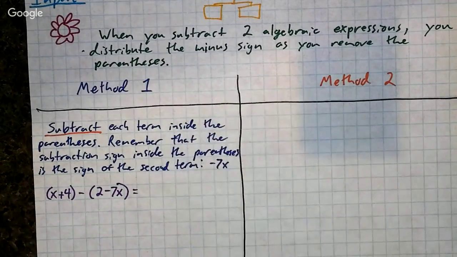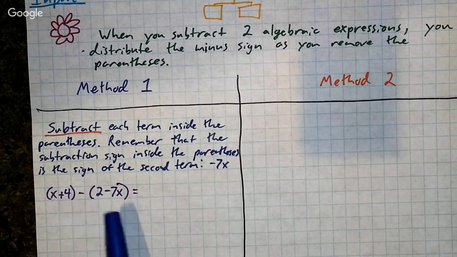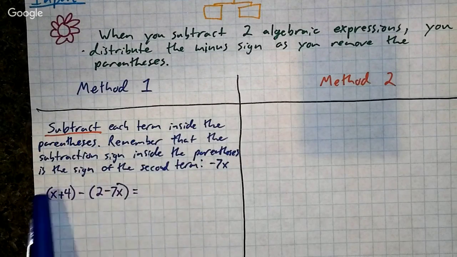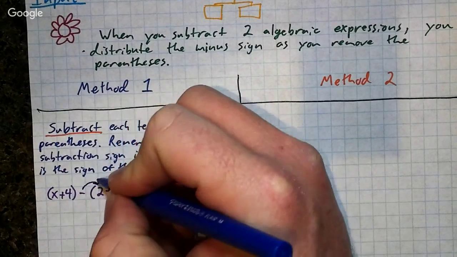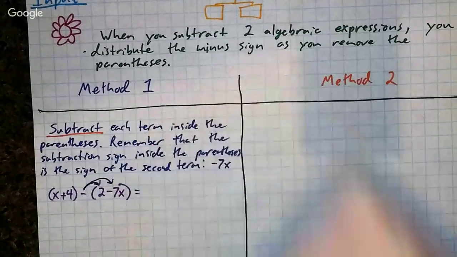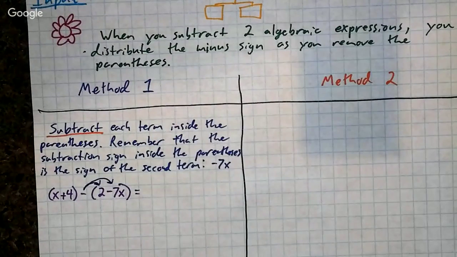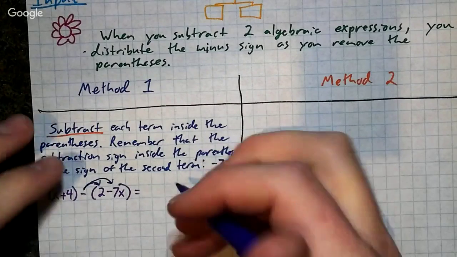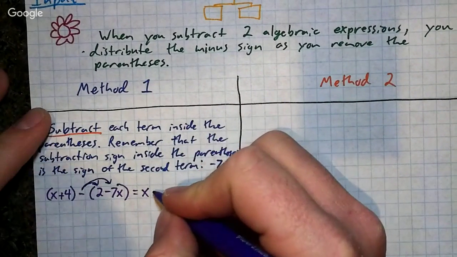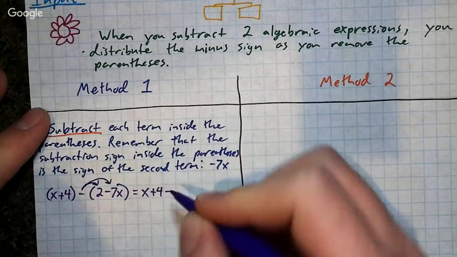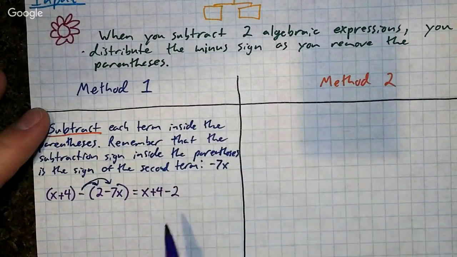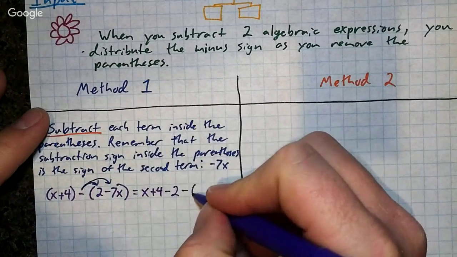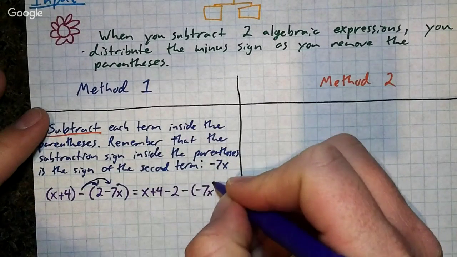this is where we're going to start working. The first part is we're going to subtract each term inside the parentheses, meaning we are going to distribute out this subtraction sign to each of our terms, meaning we will start out with x plus 4 minus 2 minus negative 7x.